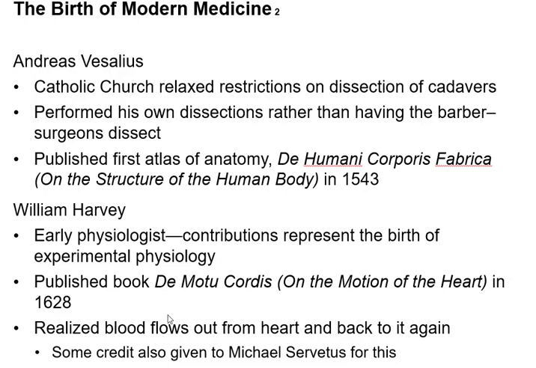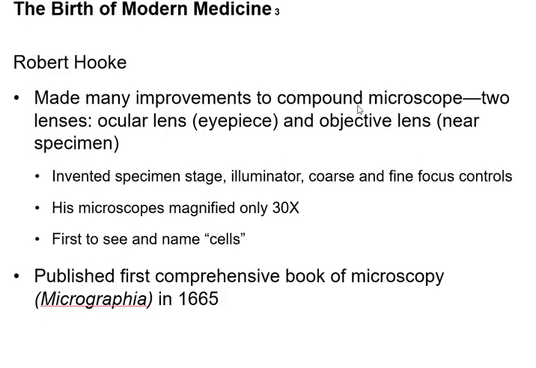And if you look, 1628, that's only about 400 years ago that we actually realized how the heart works. And now they teach it in like second grade. Most people know about Robert Hooke because he figured out a way to magnify, and he got all the way up to 30 times magnification, which was amazing for that time.